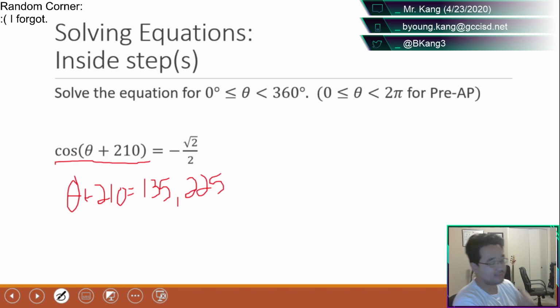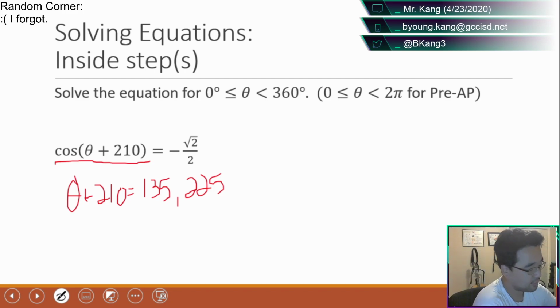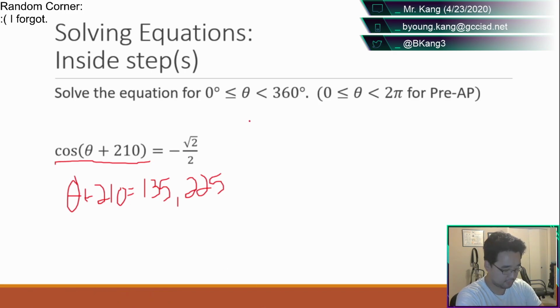Now notice how my next step is going to be to subtract 210 over to get theta by itself. But 135 minus 210, and you don't have to do that mental math, but you know it's negative, right? But the problem is asking you for solutions between 0 and 360. So whatever 135 minus 210 is, it's not going to be in that range, so it's not going to give you an answer.